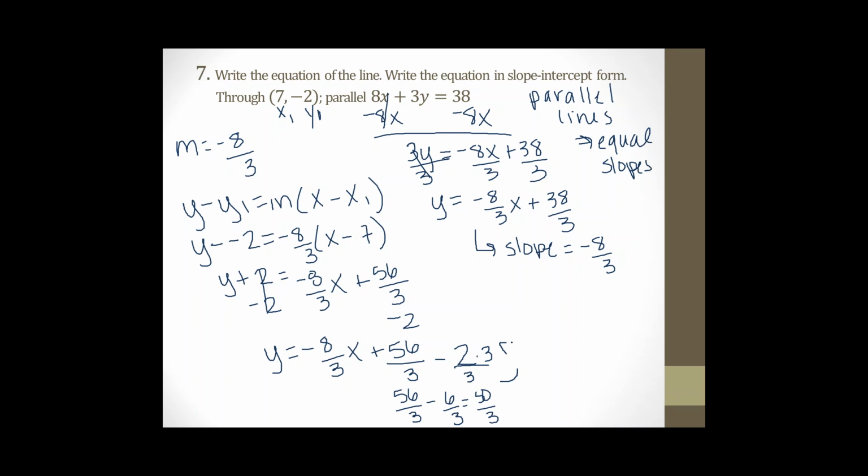So our final equation would be y equals -8/3x plus 50/3. This is our equation in slope-intercept form. Notice that our slope here is that same -8/3 as the slope of the equation that was given to us.